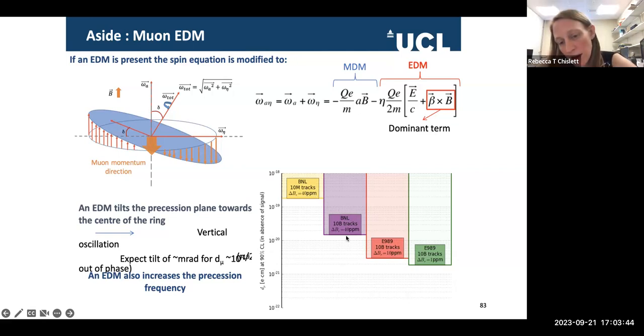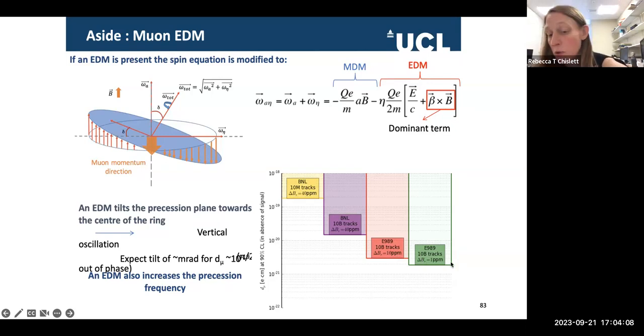And then if they had 10 billion tracks, then they'd measure it to just above 10 to the minus 20. And then the last two are rough guesses for what we might be able to do at the Fermilab experiment. So if we can measure the radial field to 10 parts per million, you get what's in red.